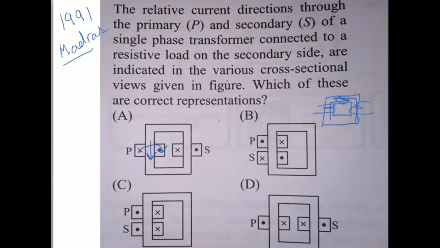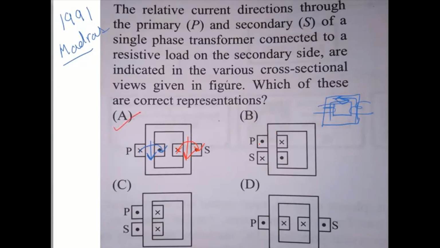Now for the secondary, the current is going from here and coming out of here. If we curl our fingers in this direction, the right hand rule states that the flux would be in this direction. So you can see both primary and secondary fluxes are opposing each other, so this can be the correct representation.